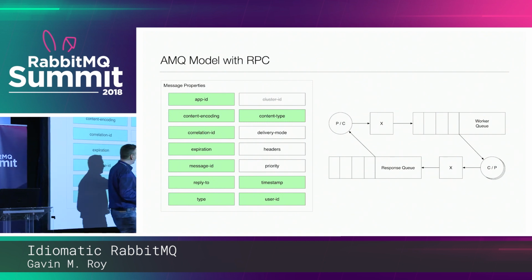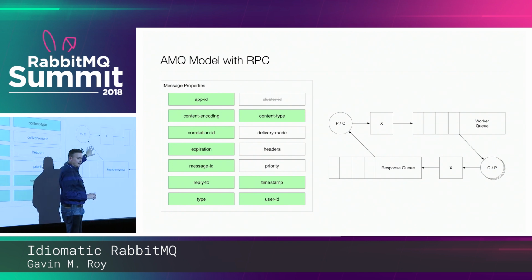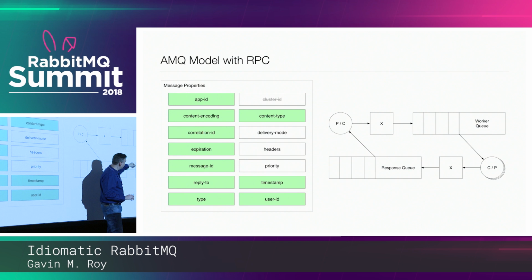And if we come through here, we look at this diagram here. I'm not using the built-in, I forget, is it called fast reply to? There's a built-in reply to behavior where replies don't have to go through a queue. So obviously, I'm not talking about that, but we have this idea of a publisher and a consumer that is generating an RPC message, publishing to an exchange, it goes into a worker queue.